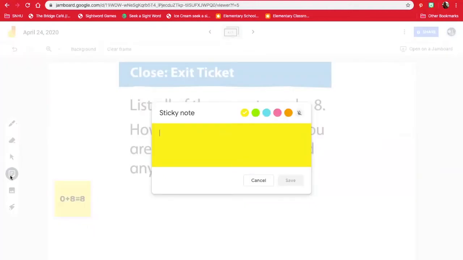Now let's start with 1. 1 plus, what's 1 less than 8? 7. So if we added 1 more, that would equal 8. So we have 1 plus 7, now we need 2. 2 plus what equals 8?